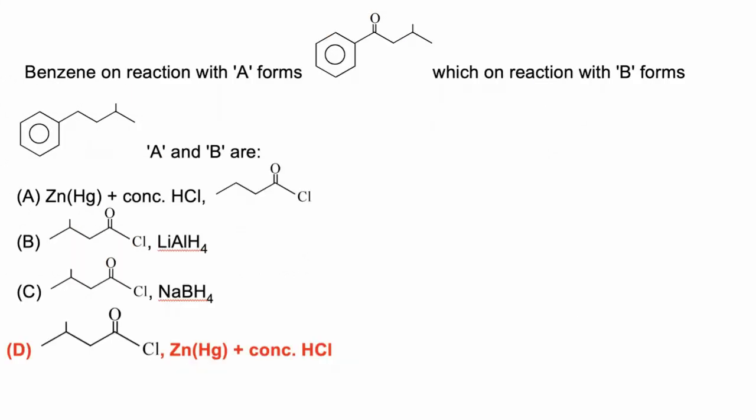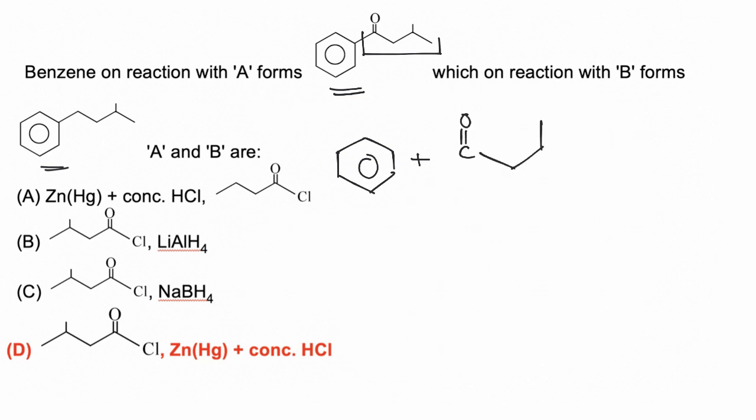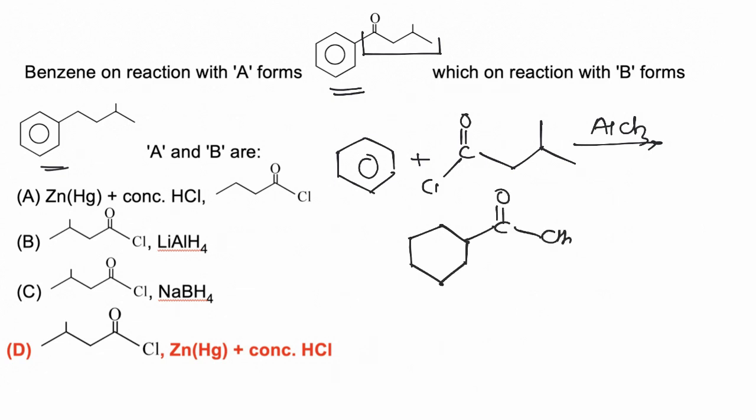In this question we have to identify the reagent which converts benzene to this molecule and this molecule further to this molecule. Now this molecule has a carbonyl group, so for introducing a carbonyl group we require a Friedel-Crafts acylation reaction. So if benzene is taken as the reactant and it is treated with COCl, now this group has to be introduced, so COCl must be used along with AlCl3, and after this reaction we will get the same product CO, CH2, CH, CH3, CH3.